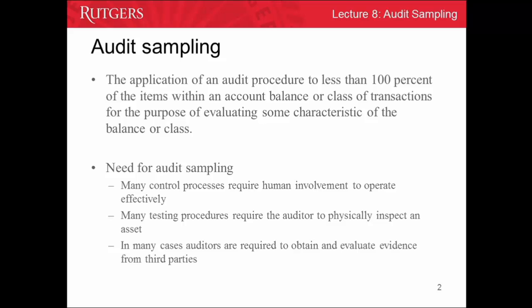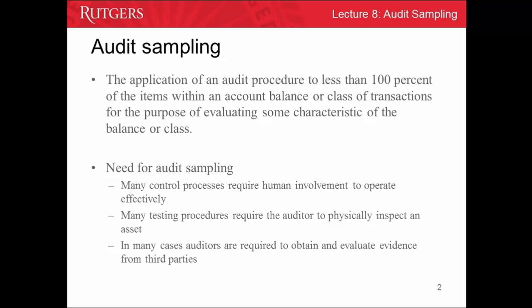Many control processes require human involvement to operate effectively, like the reconciliations review and the resolution of system-generated exception reports. And there are many testing procedures that require the auditor to physically inspect an asset, like inventory, or to inspect the characteristics of a transaction or balance, like the terms in a contract.